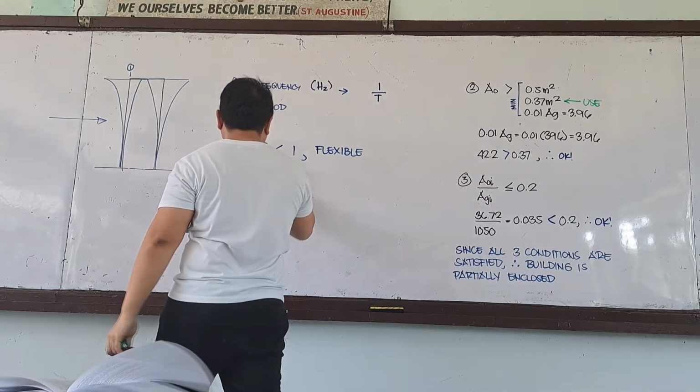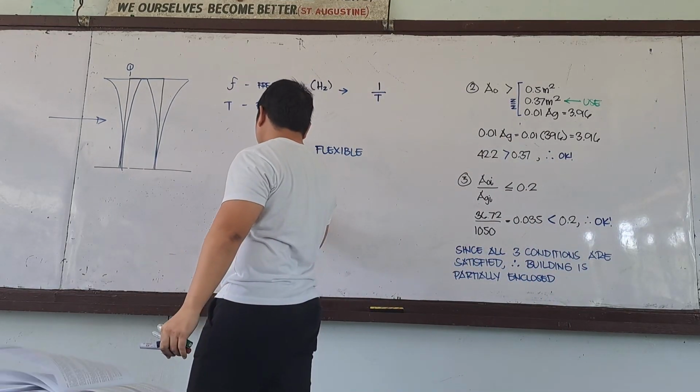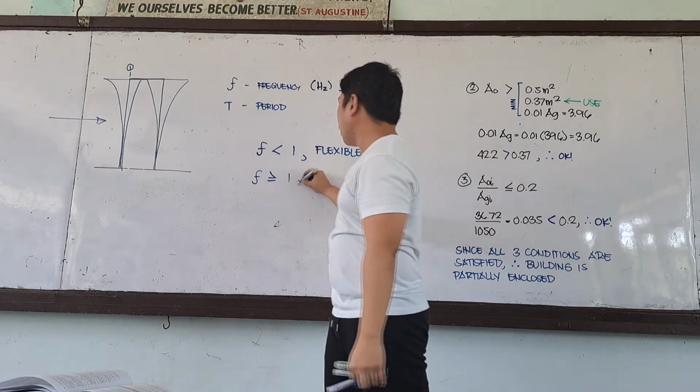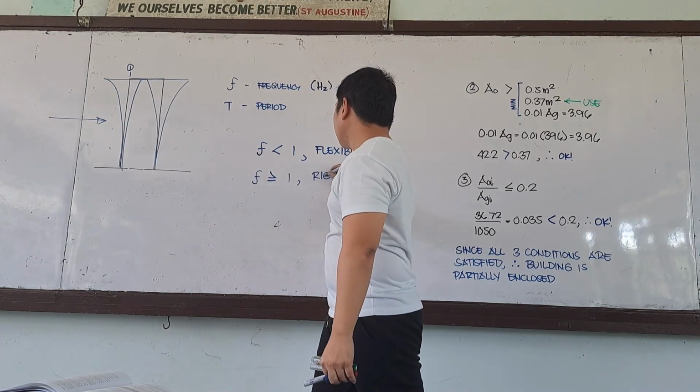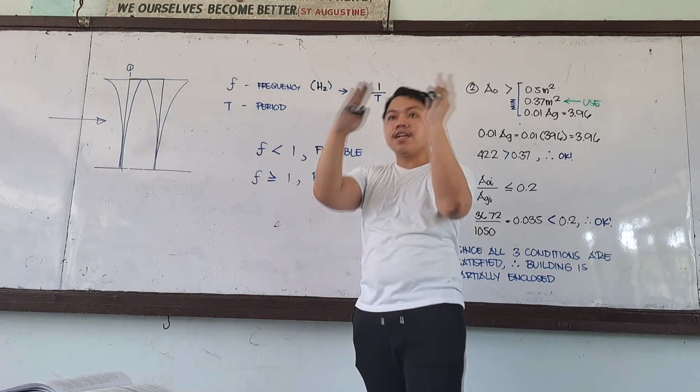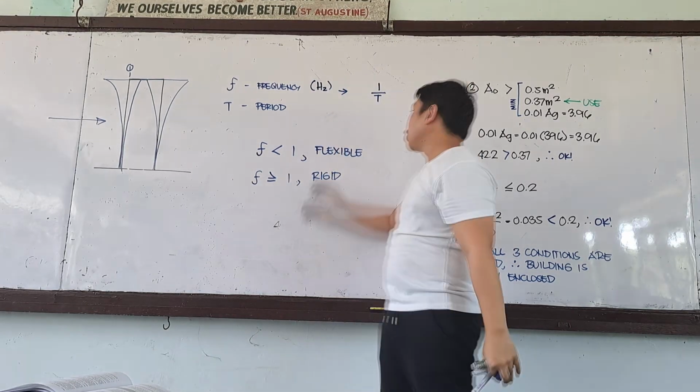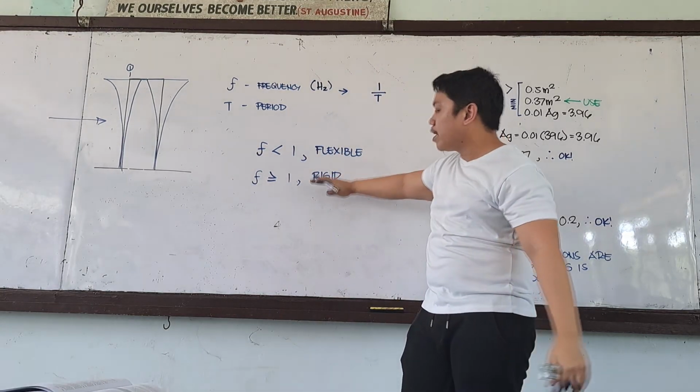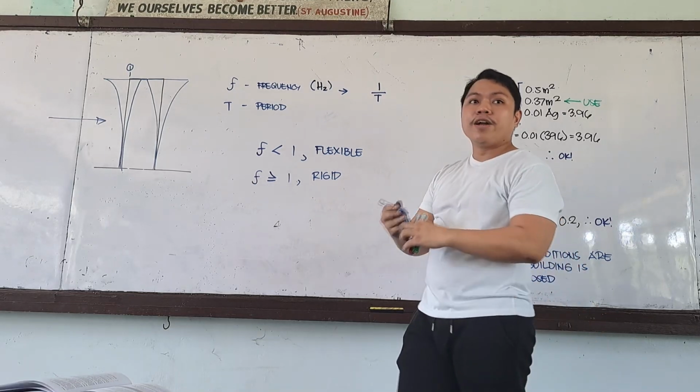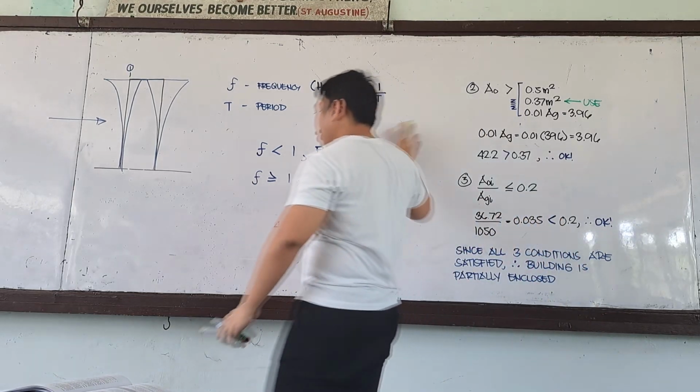If our frequency is greater than or equal to 1, our building is rigid. Meaning it sways quickly, a shorter amount of time, and the frequency value is larger than 1. But we won't use this.